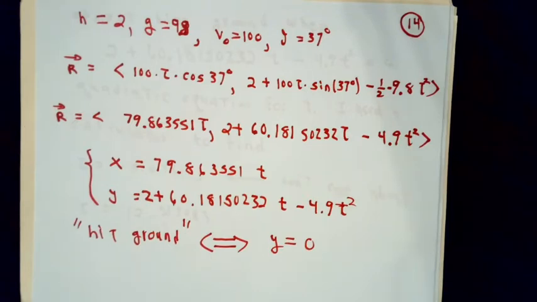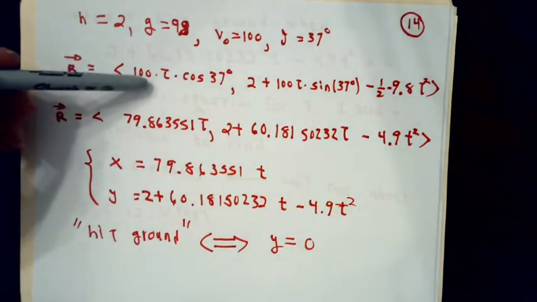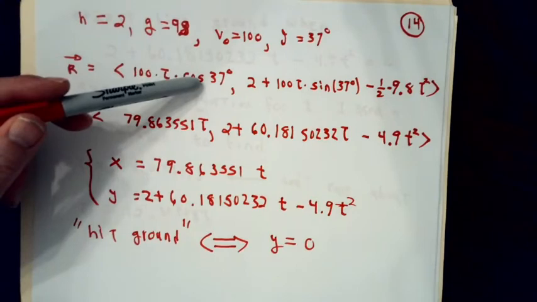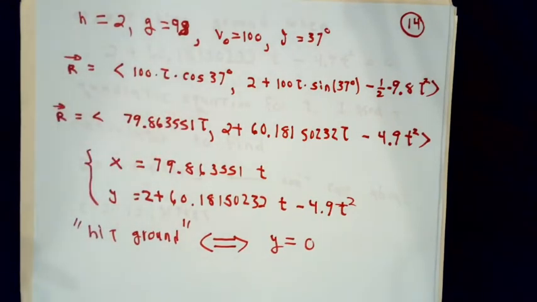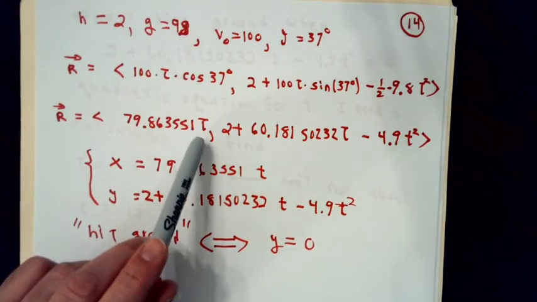If you're going to write things in decimal, don't round, because rounding can throw your answer off quite a bit. So I figured out what 100 times cosine 37 degrees was, and I write all of the digits that my calculator gave me times t.